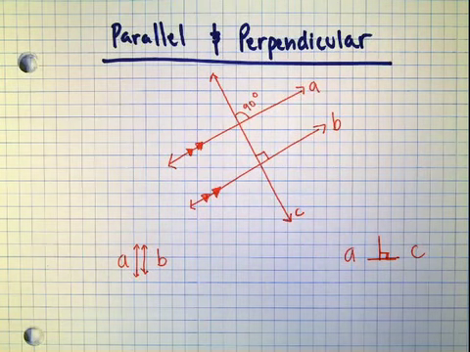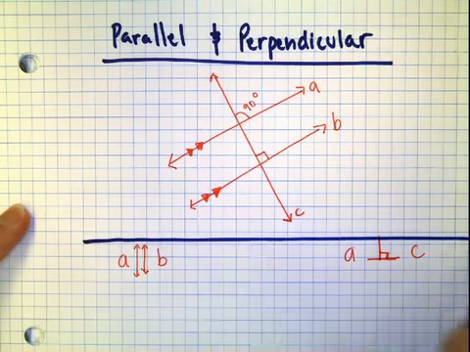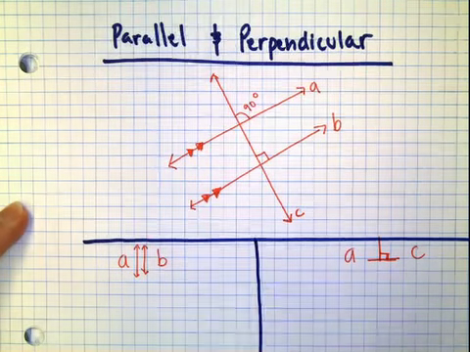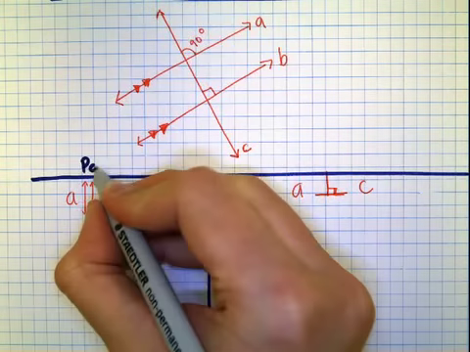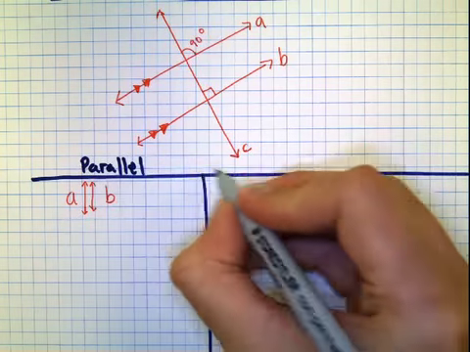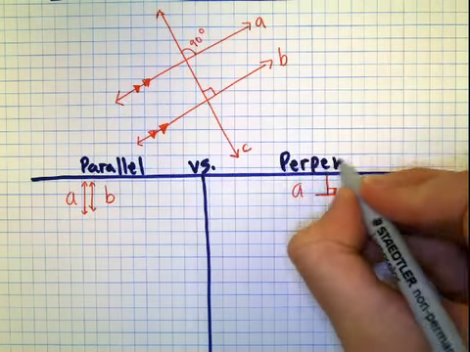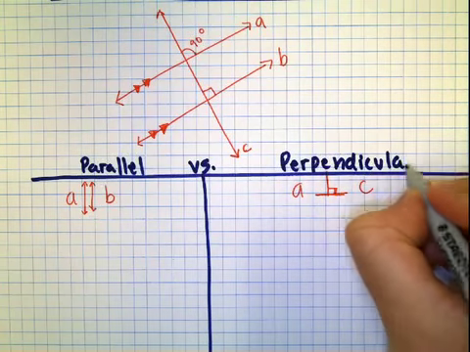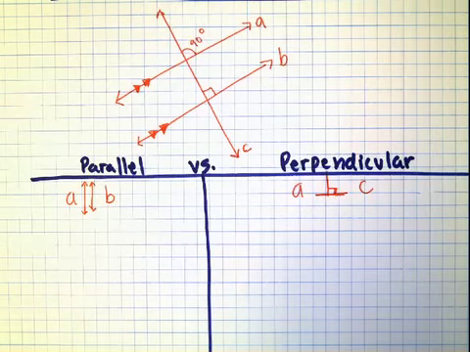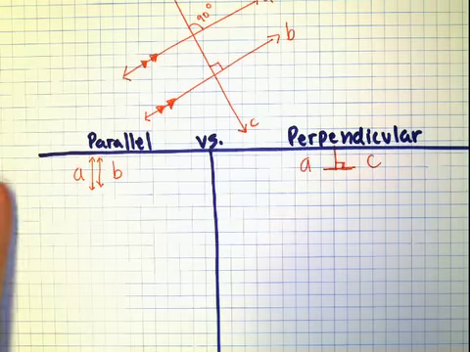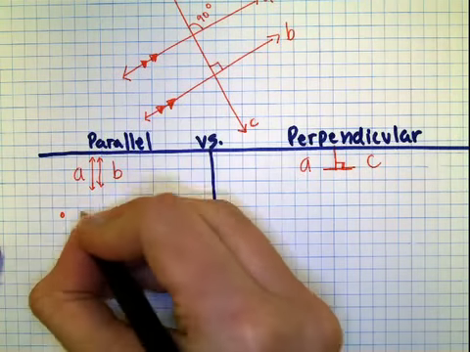What I'm going to do is I'm going to actually split these two up. I'm going to draw a line and split these down the middle and build a little table out of all this information. This is going to be my parallel side. And I'm going to write versus perpendicular. Parallel versus perpendicular. And we're going to talk about some of the similarities and some of the differences. Make a little chart out of this. So parallel means that the lines never cross.